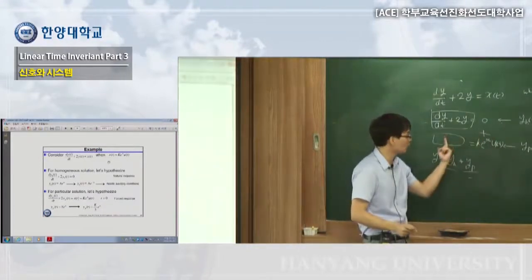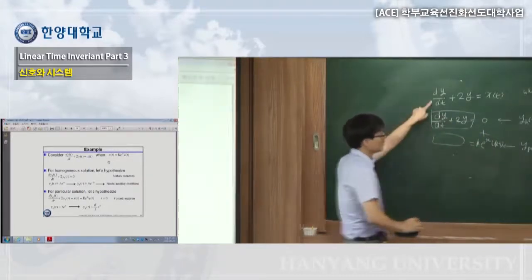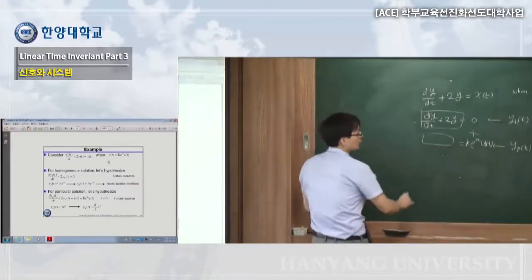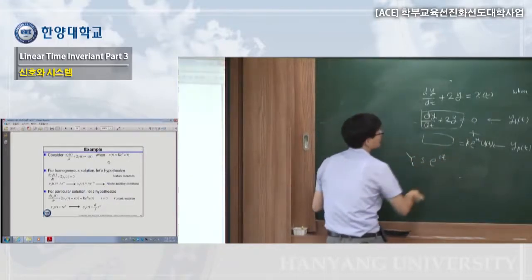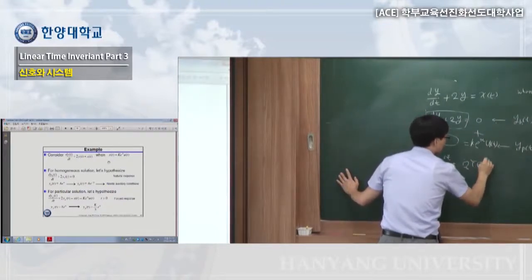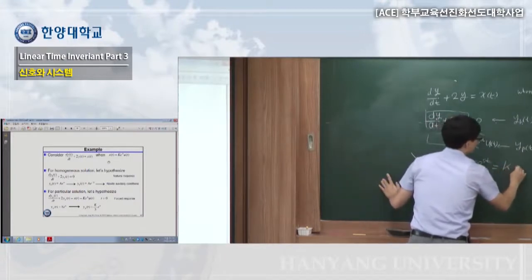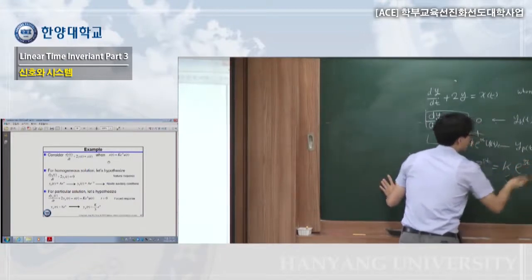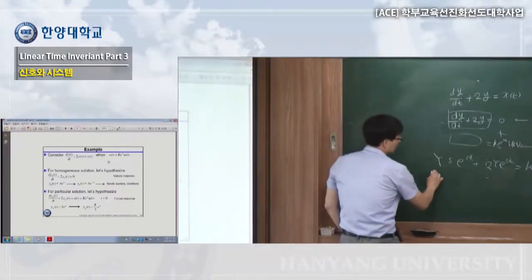If you put this one to here, what happens? First one, if you differentiate the y, that's what you guessed, y e^(st), you get s y e^(st). That's what happens. Second one, 2 times y e^(st). That is what? K times e^(3t), unit function. How we find it?